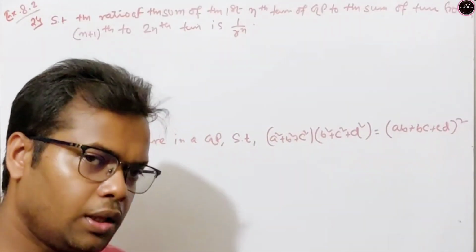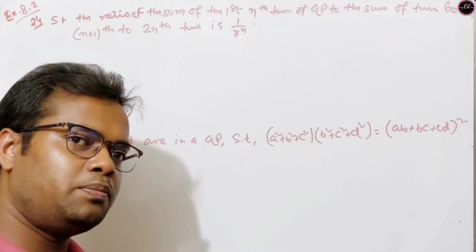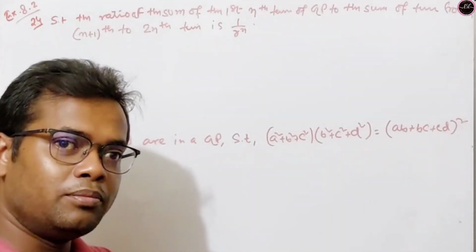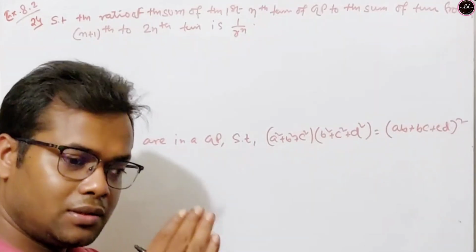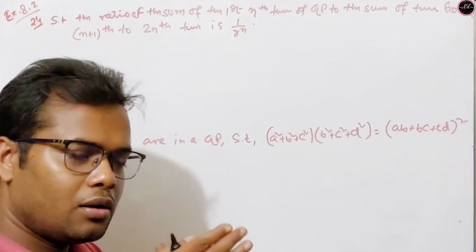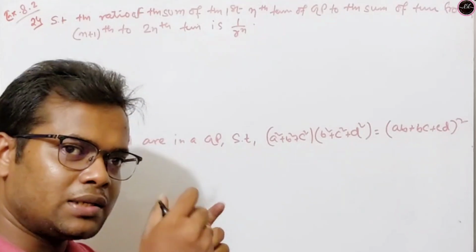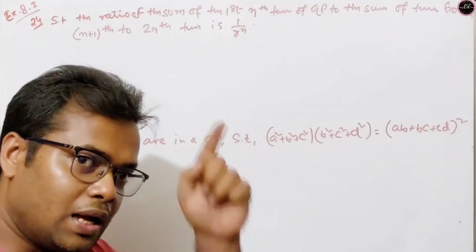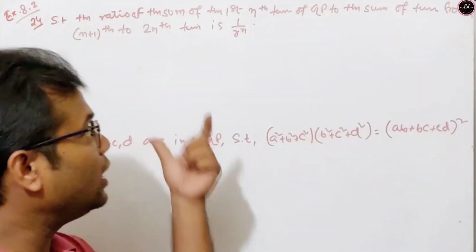So the ratio is between the sum of n terms and the sum of the terms from n plus 1 to 2n. That means if we subtract the sum of n terms from the sum of 2n terms, we get this.